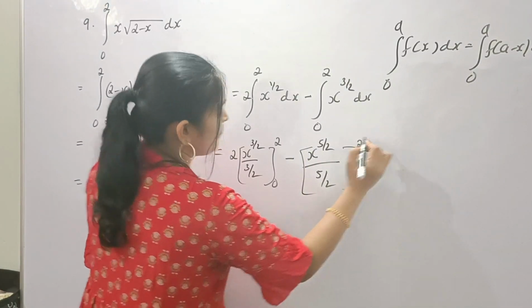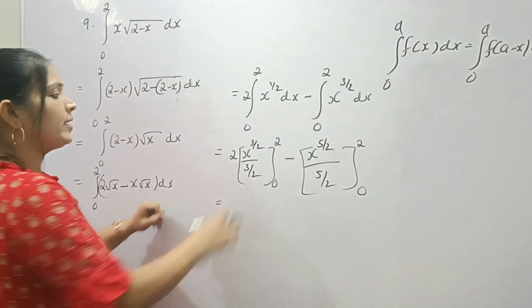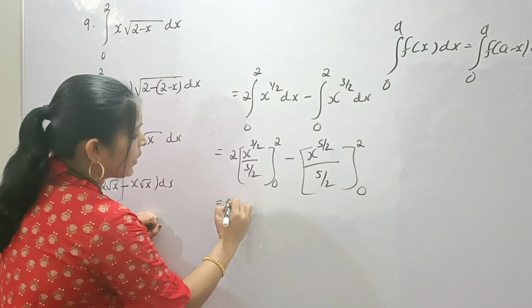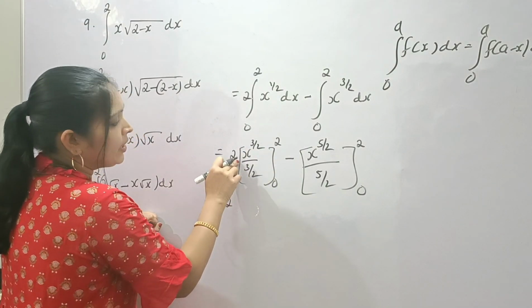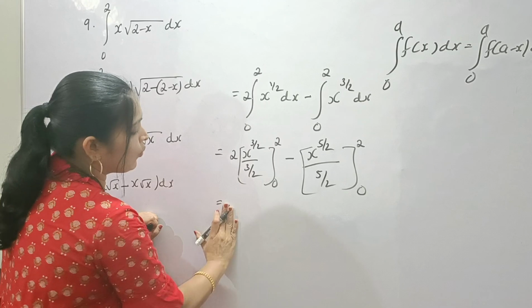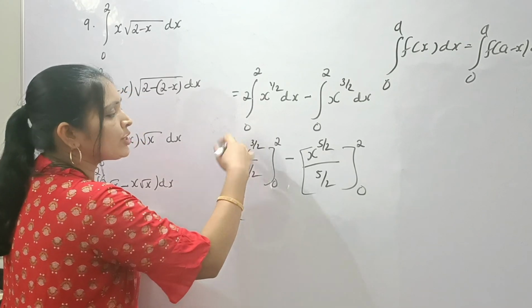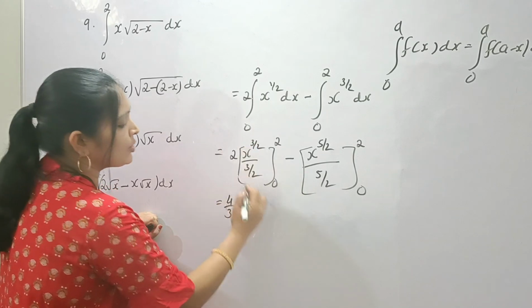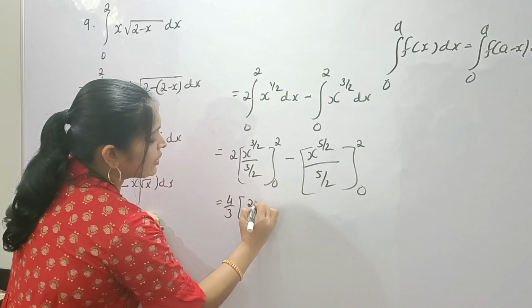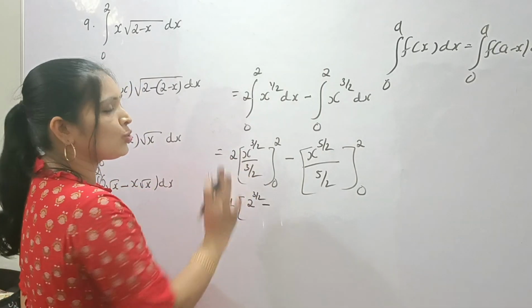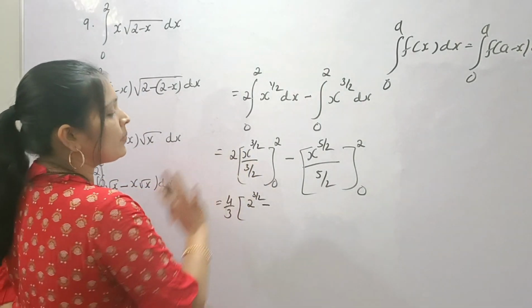Limits 0 to 2. That is equal to, here substitute upper limit 2 raised to 3 by 2. Here it will be 2 into 2 by 3, that is 4 by 3, into 2 raised to 3 by 2. Minus, next when we substitute lower limit, that is 0, it will be 0.